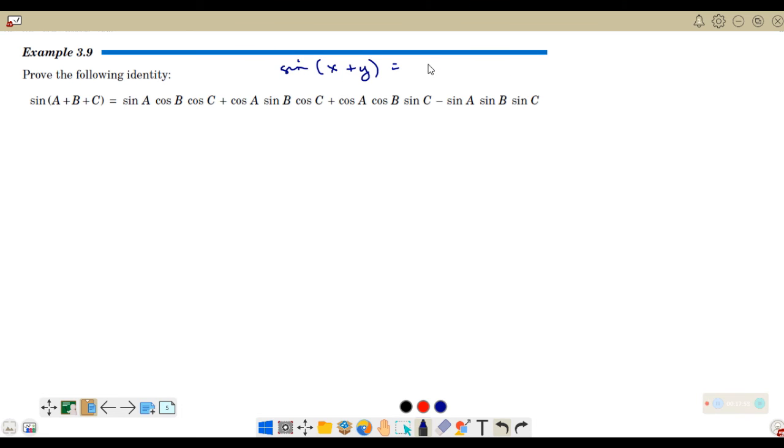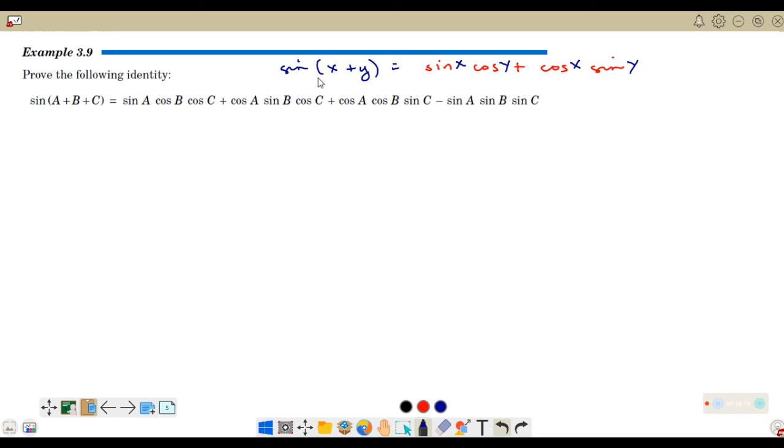We have to remember that our formula is given by sin cos sin, and then copy the operation. What are the angles? We have angle x and angle y. Angle x and angle y.